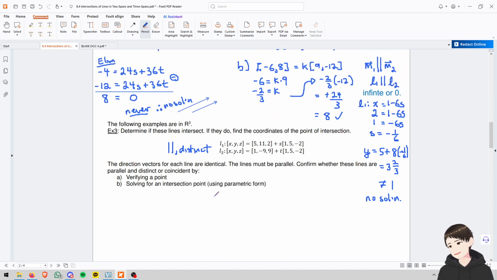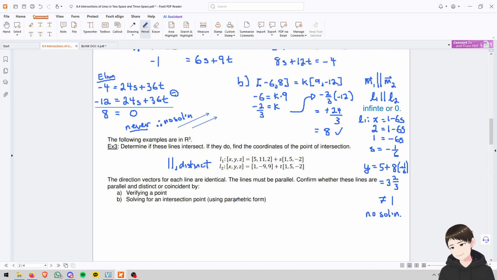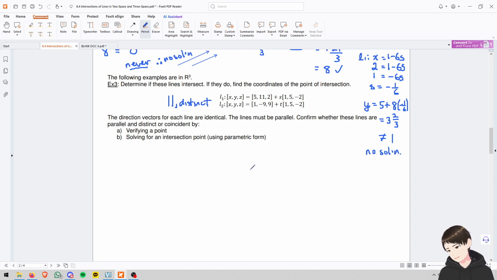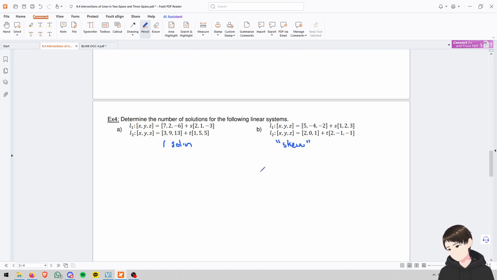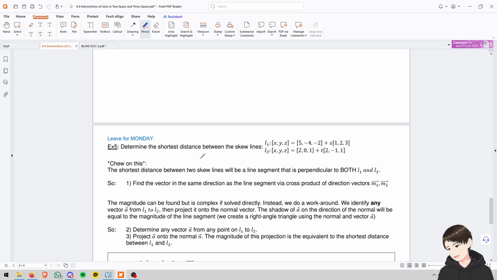I really do encourage you to try it. Example 3 and 4, we are going into lines in 3D. As you can see, it's X, Y, and Z. But the kind of work you do, the analysis that you do, the elimination substitution that you do, does not change. Okay, so do what you can. Look at the other video if you want a full solution. And this is going to be Monday.